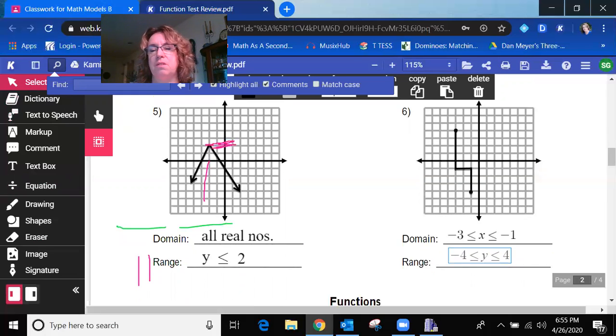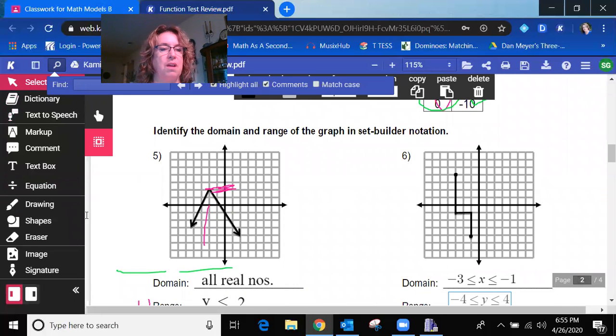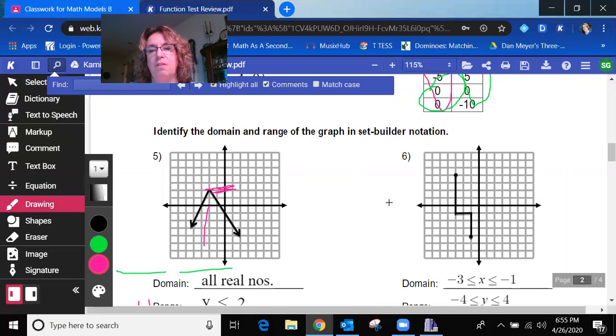Really what I do when I'm doing domain and range with these, number 6, is I first start out, because I know that it's got a start and a stop. Let me see where I have room to write this. It's X in the middle, and then it's got a less than and a less than on each side. And then the range is there.